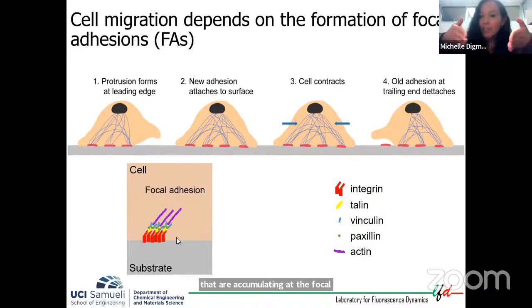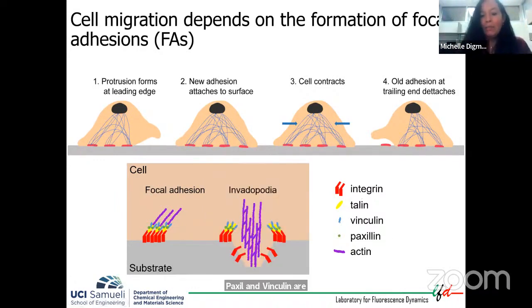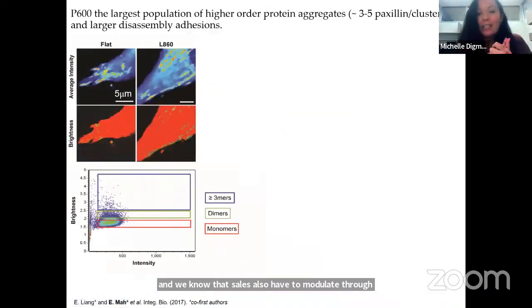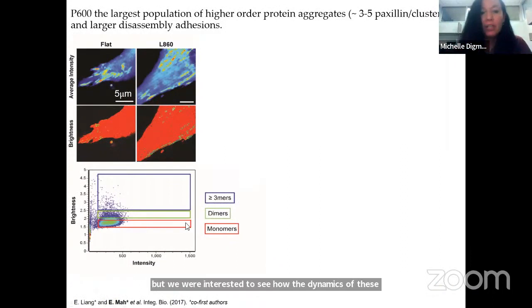Integrins are the very first proteins to establish a tether onto the extracellular matrix. Then proteins like talin, paxillin, vinculin are recruited at those focal sites. And we know that cells also have to modulate through that matrix, so they need to form invadopodia as well. But we were interested to see how the dynamics of these focal contacts change with these nanotopography materials.